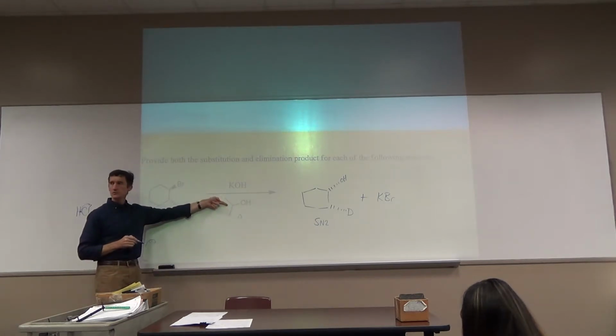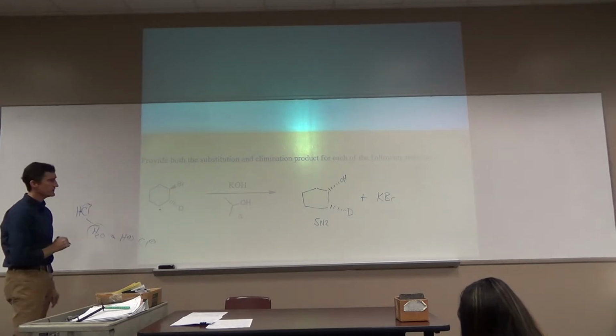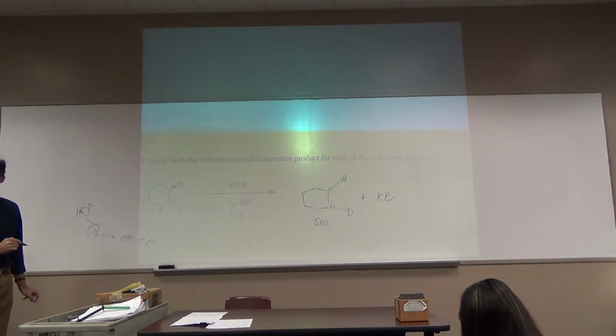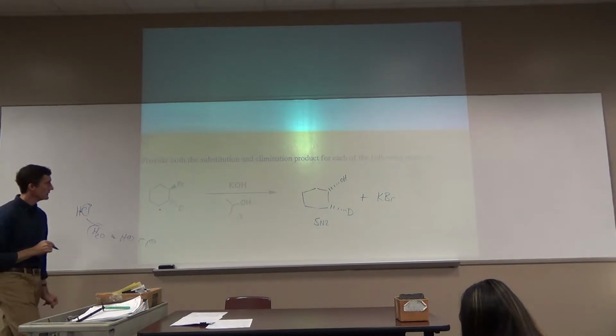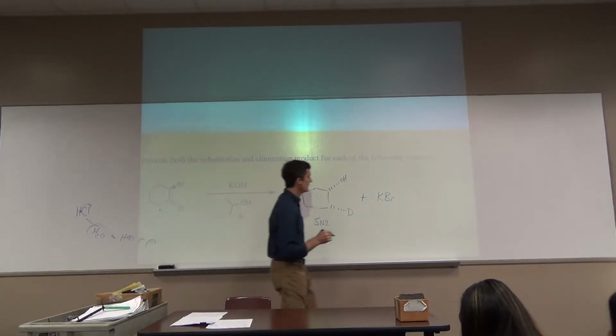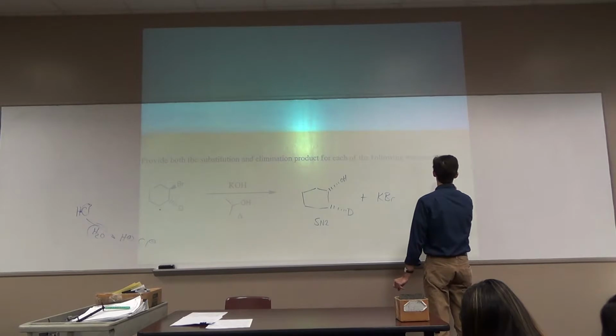Isopropanol, 2-propanol, just the solvent here. SN2 with inversion, I agree. What would be the elimination product here? Double bond between the Br and the deuterium, but Br would leave.